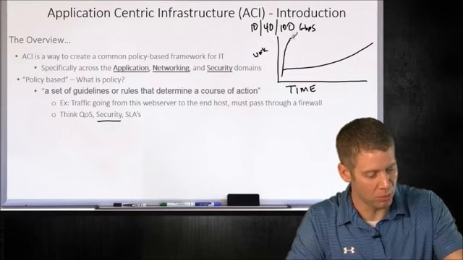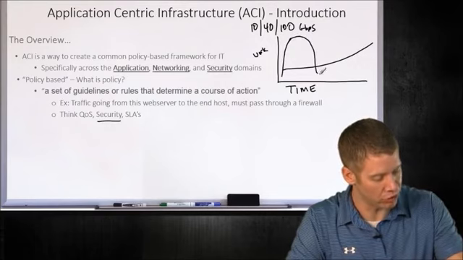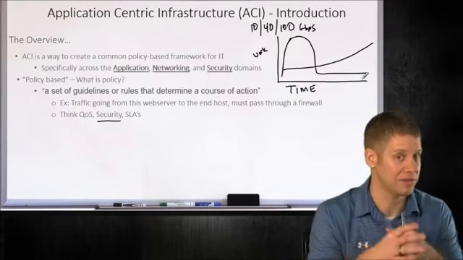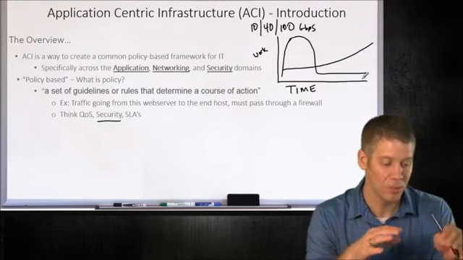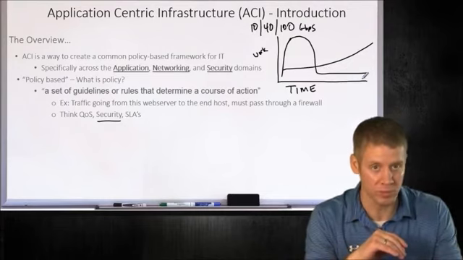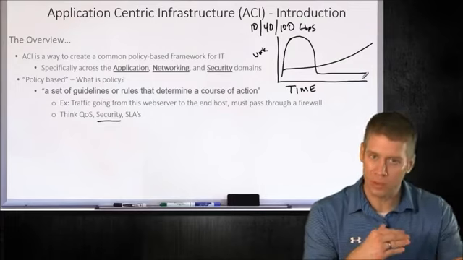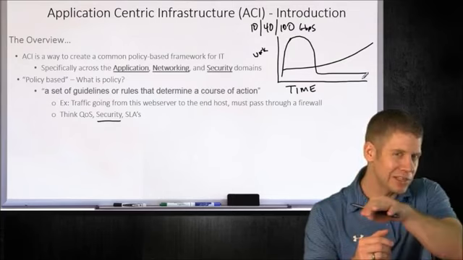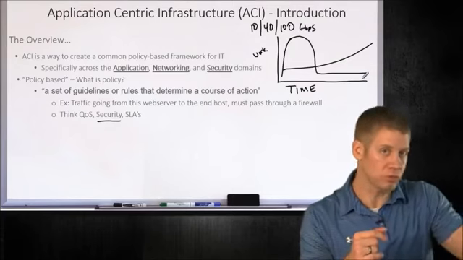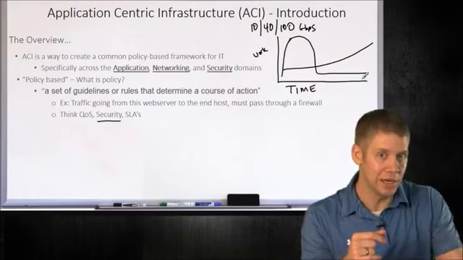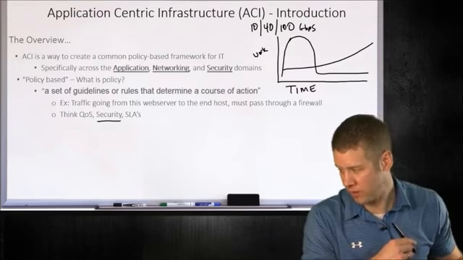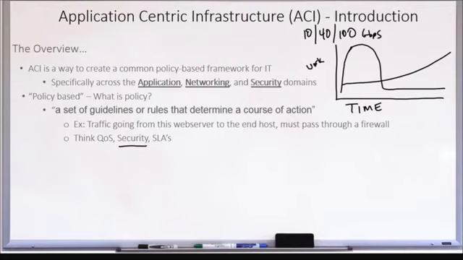But once you get it implemented, that work's going to drop off and plateau like this. I think Cisco actually has some graphs out there that represent something like this. But this has been historically my experience with it: you're going to have a lot of work at the very, very beginning. But after you get that work done, it's going to plateau off, and you're going to be able to reuse stuff that you've already done near the beginning of that implementation. So just be aware of that as you go into it, because I don't want you guys to get soured on it, like I was in the very beginning.